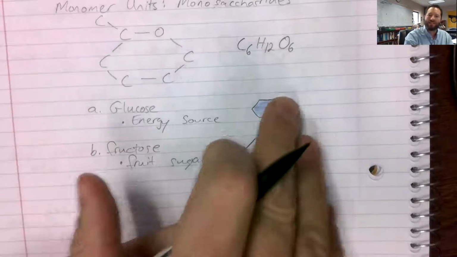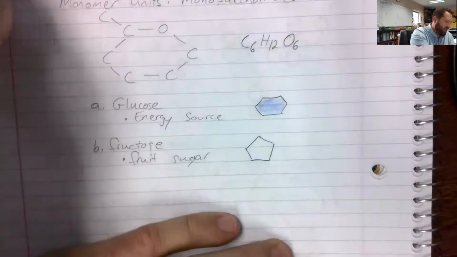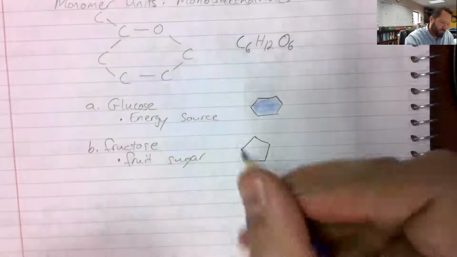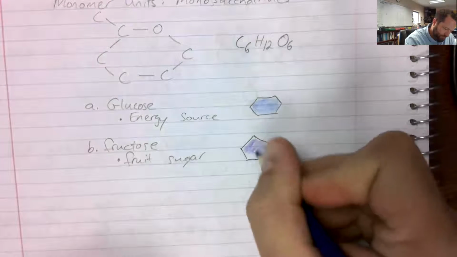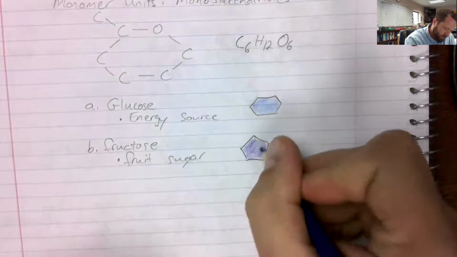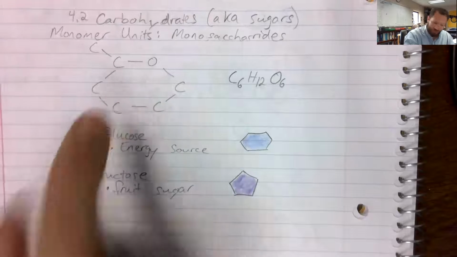Fructose is a pentagon. Most of our monomer units are going to be hexagons. Fructose is a pentagon, so a little different there. Oddball out. Now, in case you're wondering, this isn't terribly important. Its structure is just a little bit different.